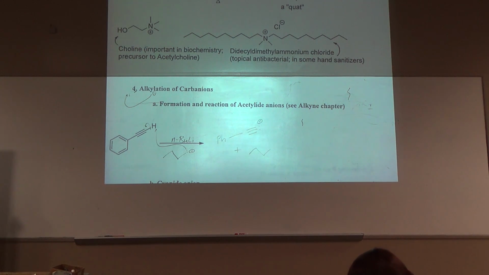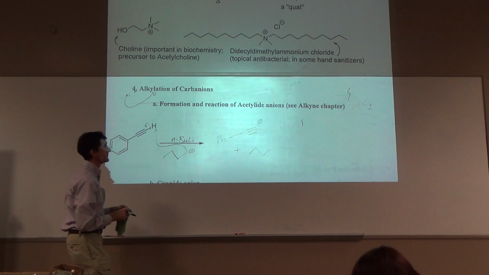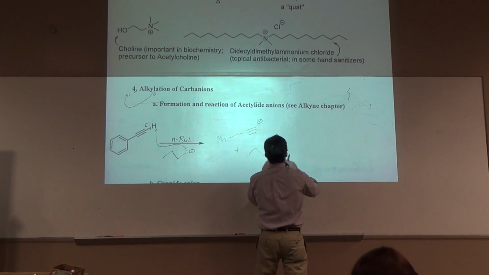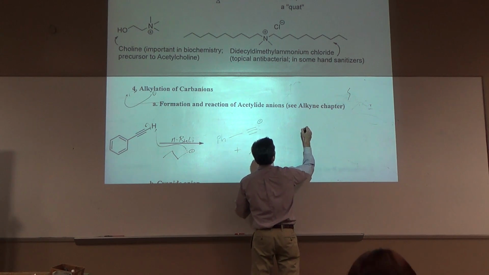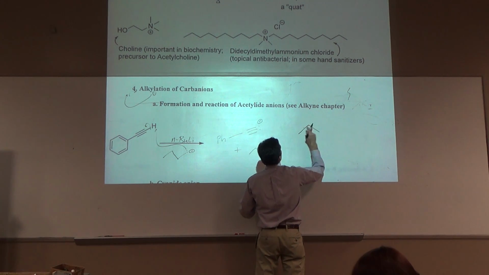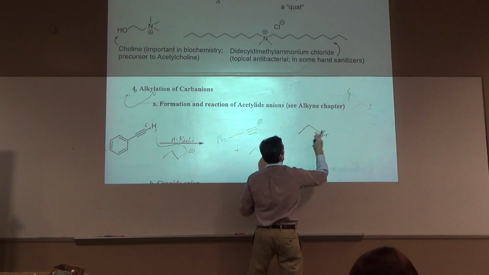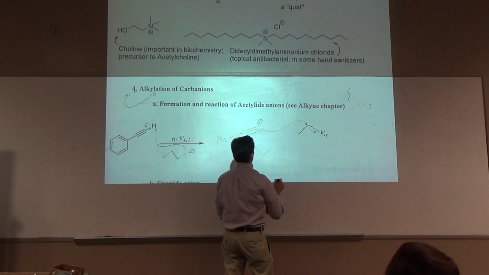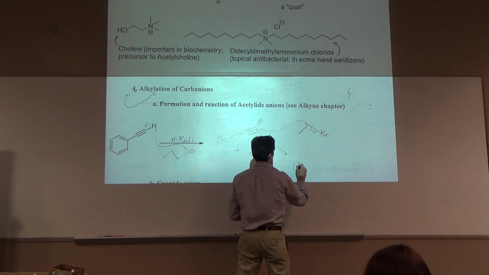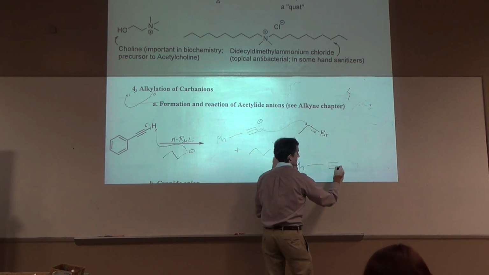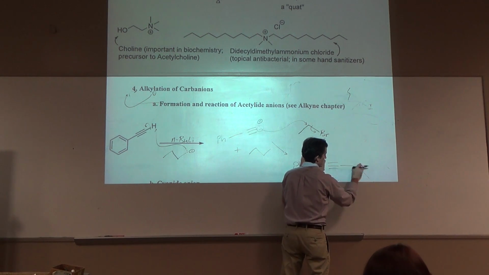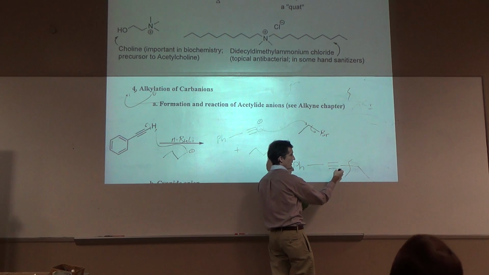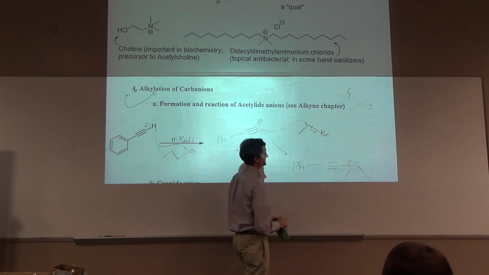The lithium would sit with the minus. Now we can come in here with maybe an alkyl bromide, and these electrons can, boom, kick off the leaving group. Make that bond right there. The sp carbon now bonded to the sp3 carbon.